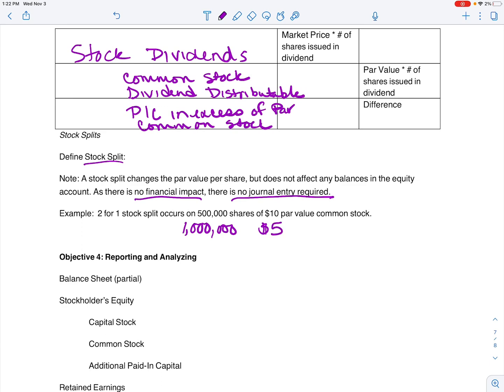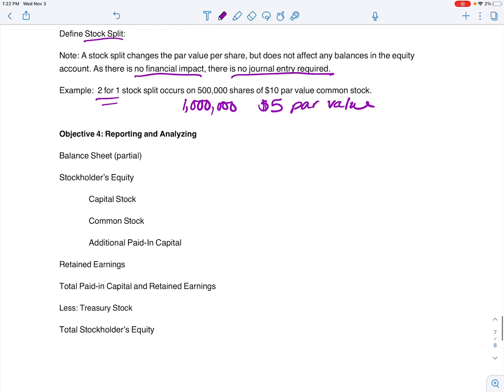There's no financial impact. So now this is a $5 par value. So there's a stock split, meaning we have double the amount of shares, but then we lower that par value the same way. And it's 2-for-1.